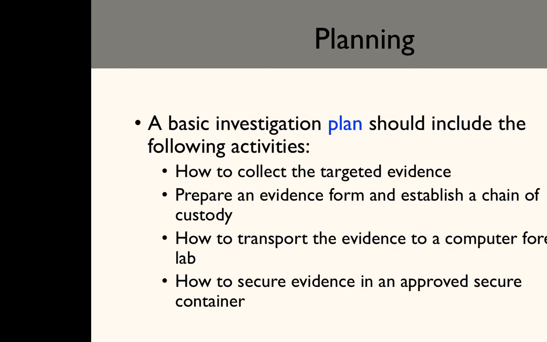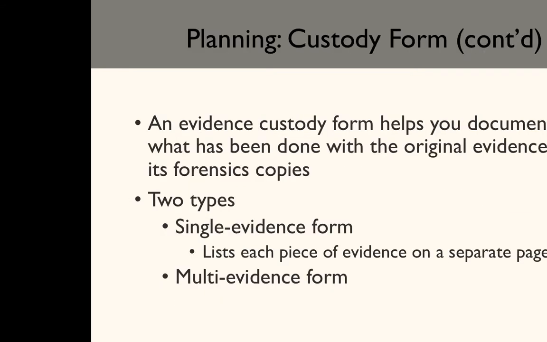Then how to transport the evidence to a computer forensics lab, and how to secure the evidence in an approved secure container. The evidence custody form will help document everything like that.